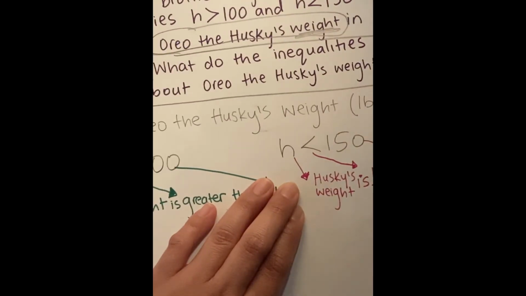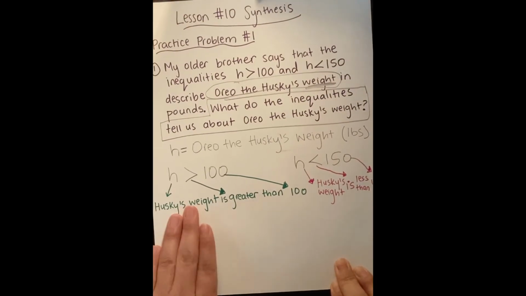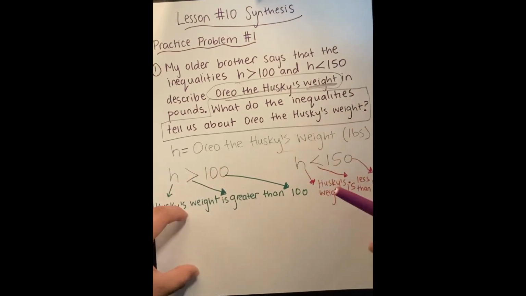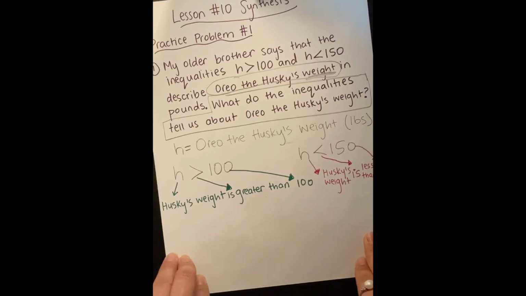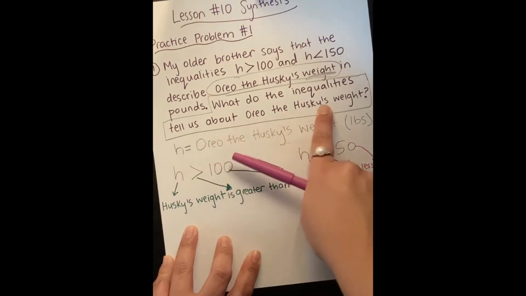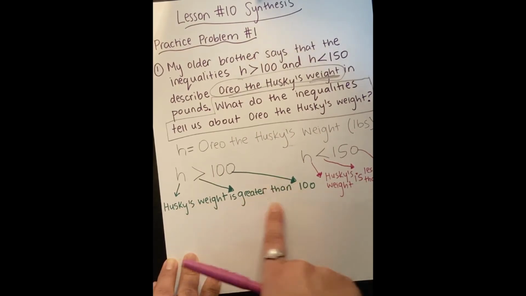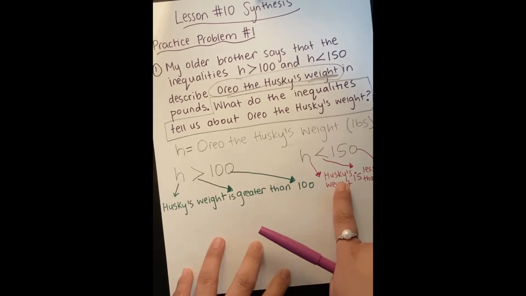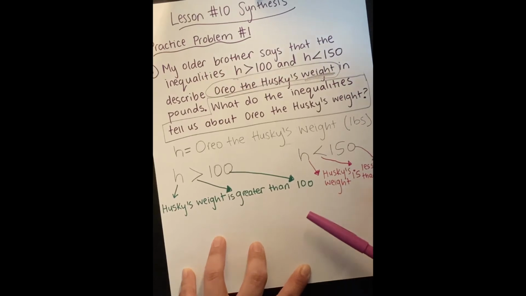Like the problem about Noah and the points he made in the basketball game, we are taking these two inequalities and coming to a conclusion about what they're telling us about Oreo the Husky's weight. So the first one tells us that the Husky's weight is greater than 100 pounds. The second inequality is telling us that the Husky's weight is less than 150.